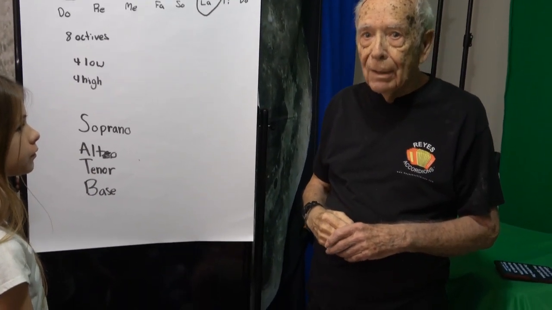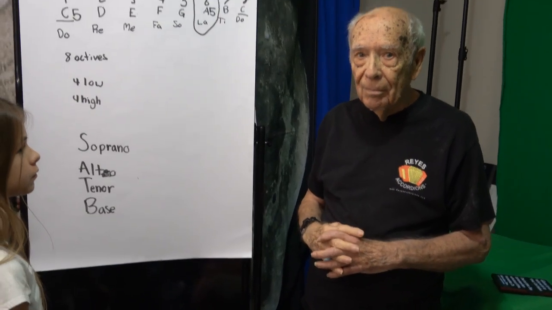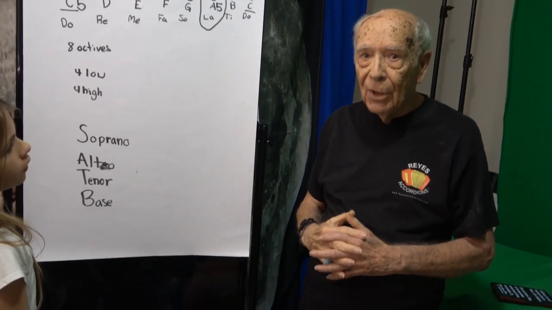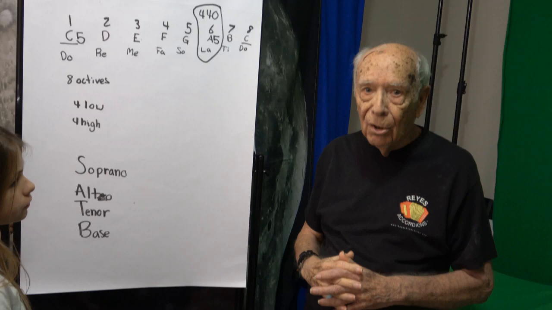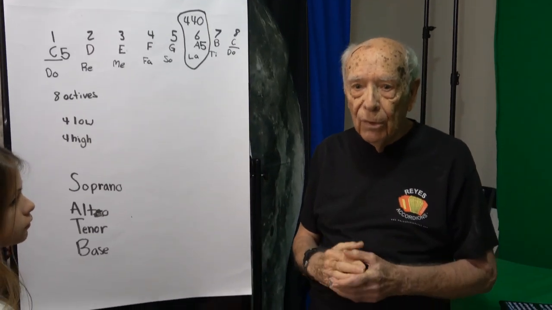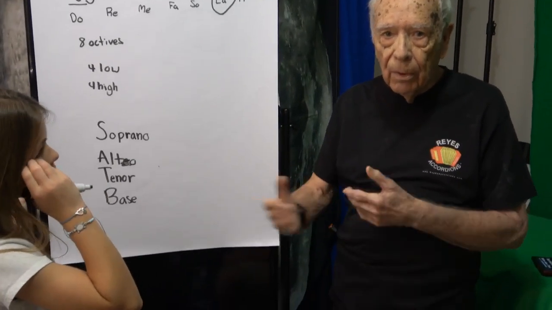And if you're not, you're out of tune. So some people will not be very happy with you singing or playing along with them if you're out of tune. That's why this becomes very important.